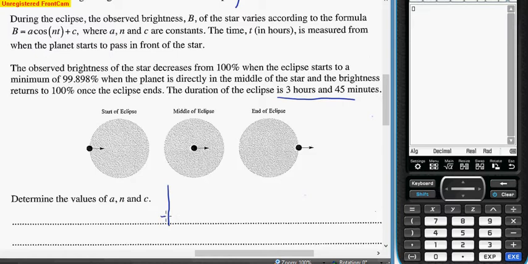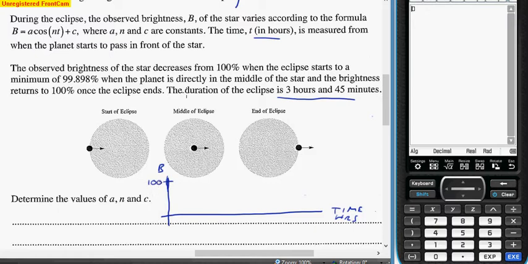Here's my not particularly elegant picture. Along the bottom we've got time, which we are told is measured in hours. Up the side we have brightness, B. Now the maximum brightness we can get to is 100%.